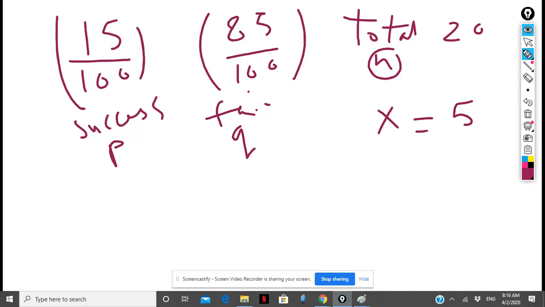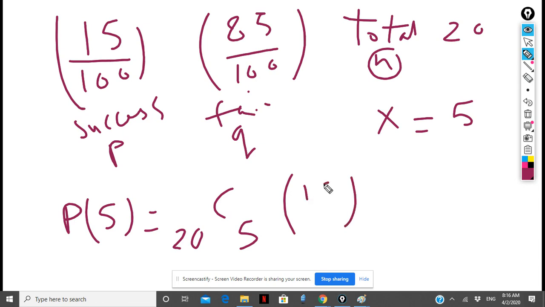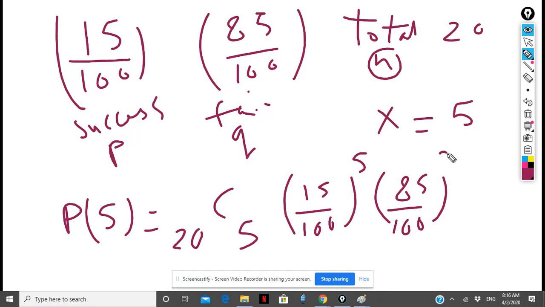So when I go to the formula, the probability of 5 equals 20C5 times 15 over 100 to the power x, multiplied by 85 over 100 to the power 20 minus 5, which is 15.